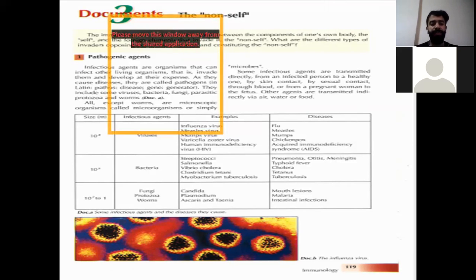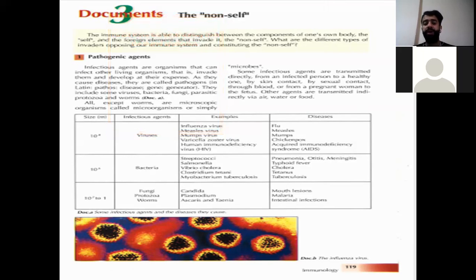In Latin, pathogen means disease generator, so generator of a disease, that's why it's called pathogen. It can cause a disease. They include some viruses, bacteria, fungi, parasitic protozoa, and some worms.